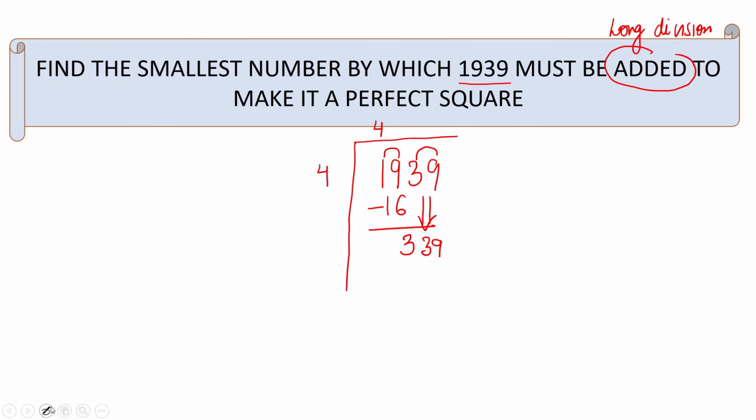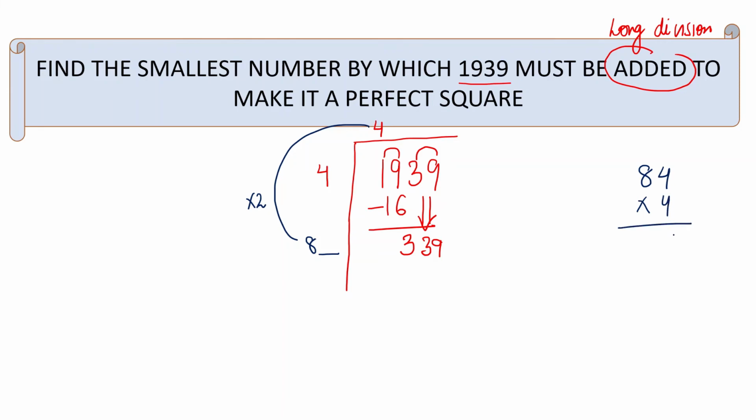Next step is multiply the quotient with 2 and leave a gap after this product. Now fill this gap with such a number that if you multiply with the same number, the product should either be less than the given number or equal to the given number. So I am filling this gap with 4.